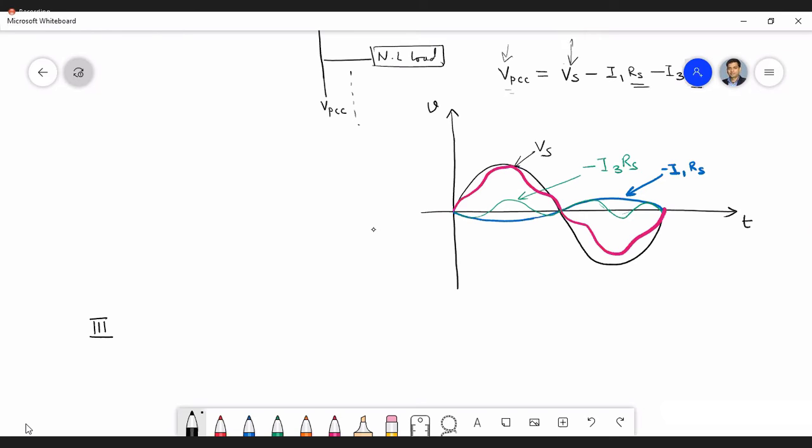Okay, so we can start with induction machines, induction motors. The first thing is that if the current contains some harmonics, let us assume 10 to 20% harmonics in the line current, what kind of problem may occur in case of induction motors?